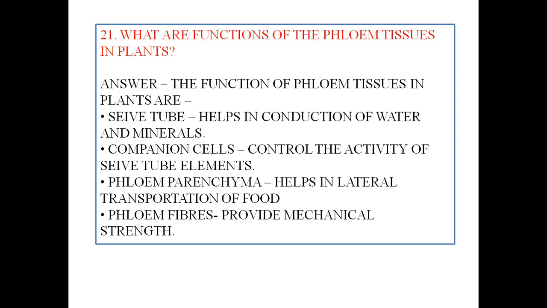Since the companion cell, sieve tube and all other cells are working for one function or another, they require food. Where will they get their food from? This occurs from phloem parenchyma. It mainly helps in storage and transportation of food also.